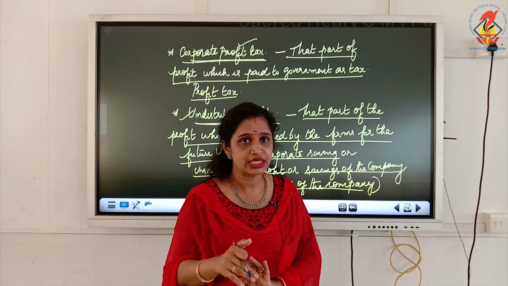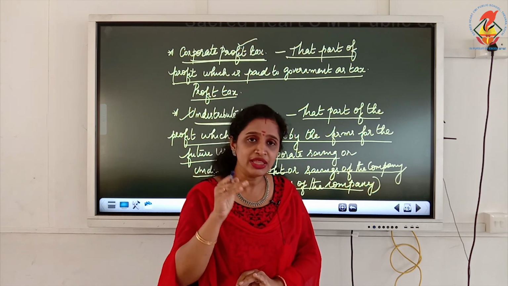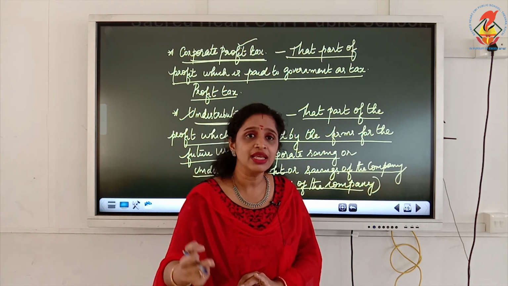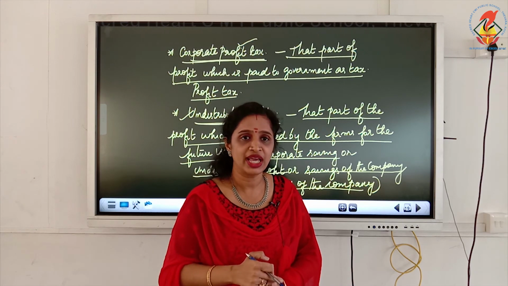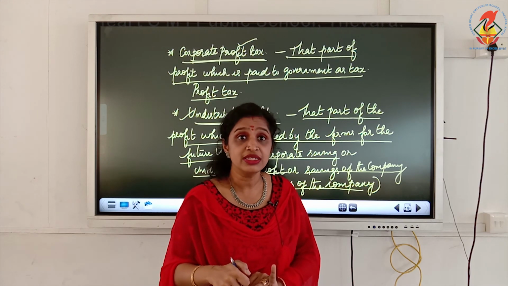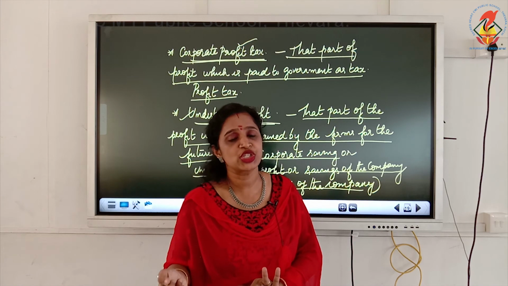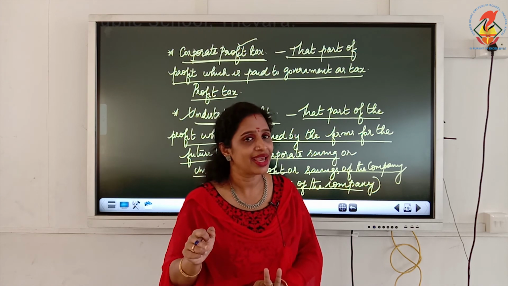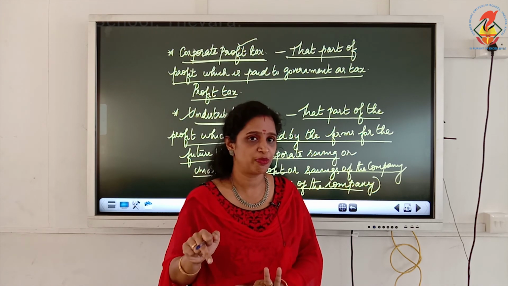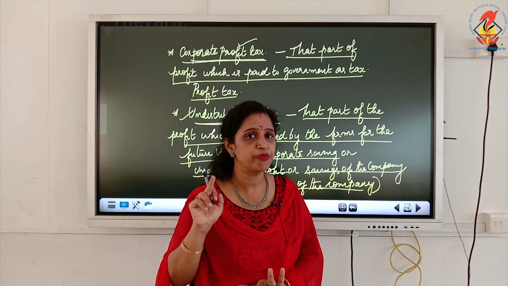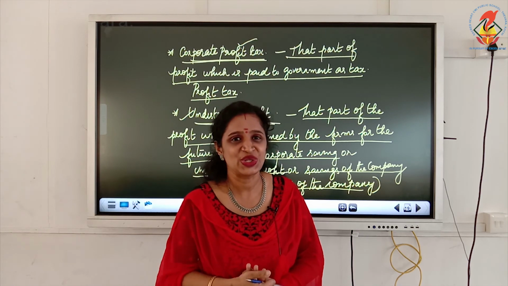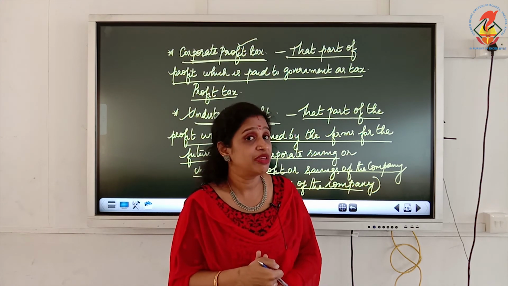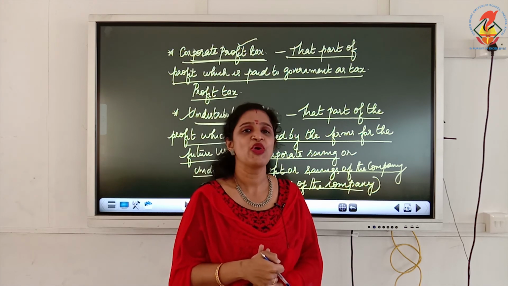So for the exam, to confuse you, in the question it will be repeatedly given as profit as one item, second item as dividend, third item as undistributed profit. So don't add dividend and undistributed profit, because if the heading profit is given, everything is included in that. So you have to be very familiar with all the components.